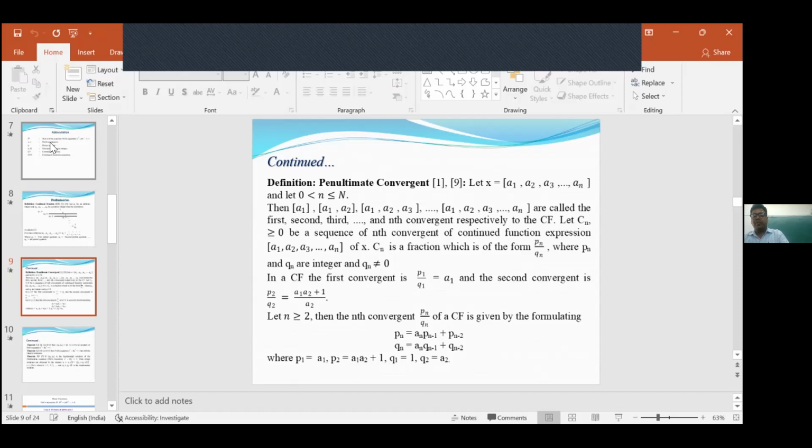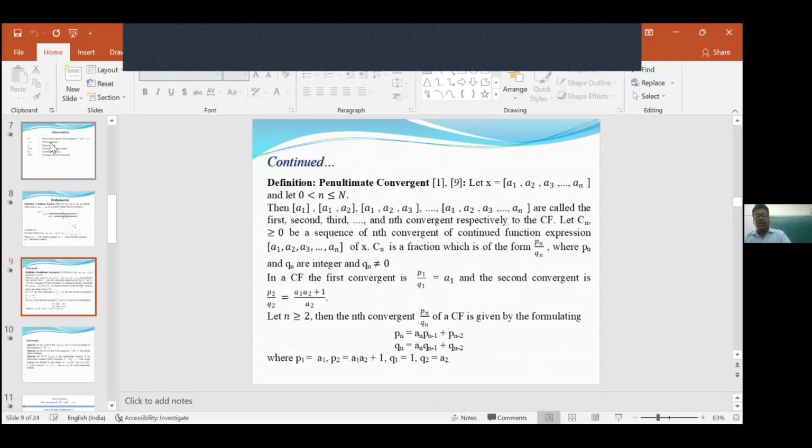Cn is a fraction of the form Pn upon Qn, where Pn and Qn both are integers and Qn is not equal to 0. In a continued fraction, the first convergent is P1 upon Q1 and the second convergent is P2 upon Q2, which is equal to (a1 into a2 plus 1) upon a2.